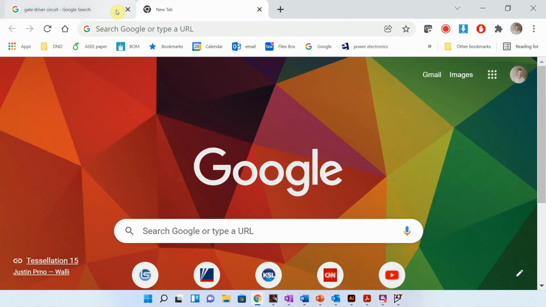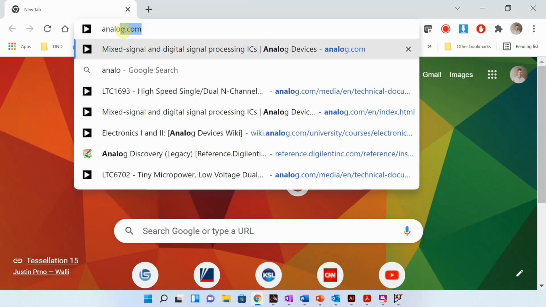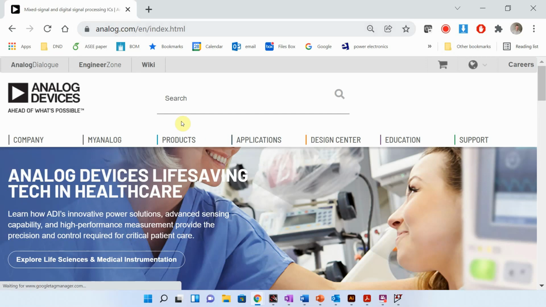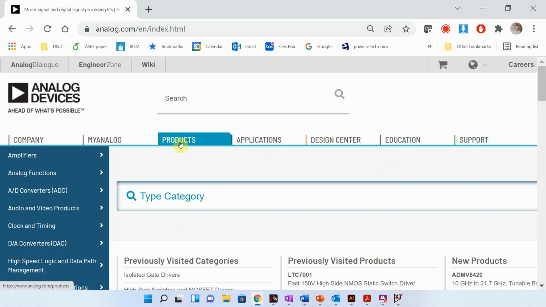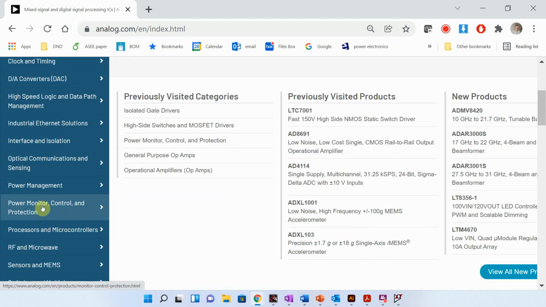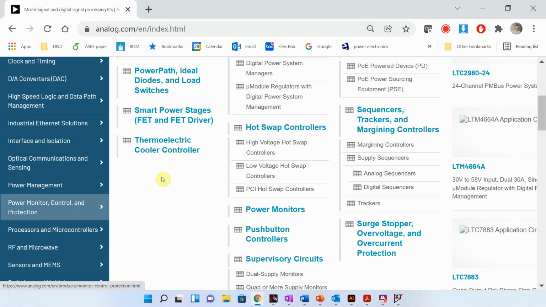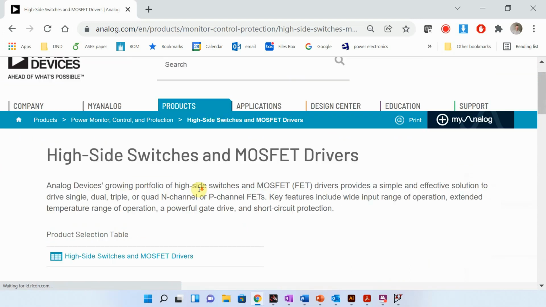So LTspice is a product from Analog. So if I go to analog.com, I can find one of their products, and the chances are their products are going to be available in LTspice. So if I go to products, and I'm going to go to power control, and oh, look, here's high side switches and MOSFET drivers.